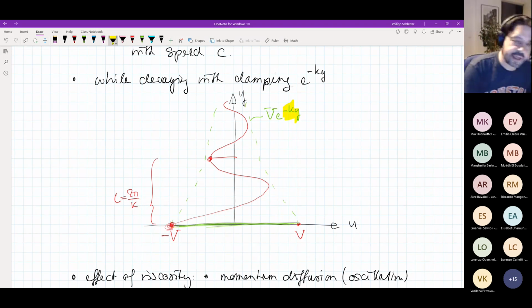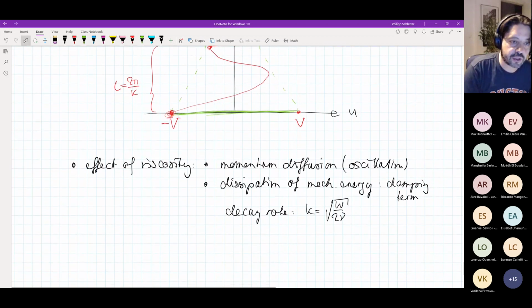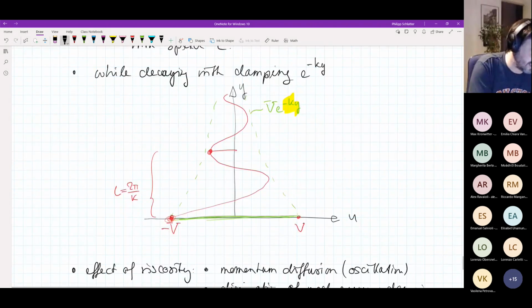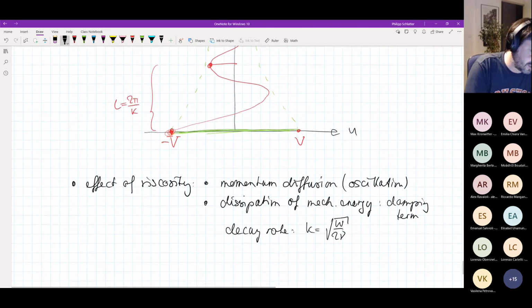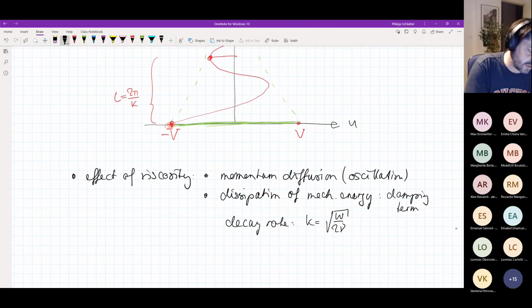This is the decay rate, so the k in the exponential. And now it's interesting to understand how this decay depends on the frequency. If you look at it, you see that the decay is k, and the definition of k is the square root of omega divided by 2 nu.